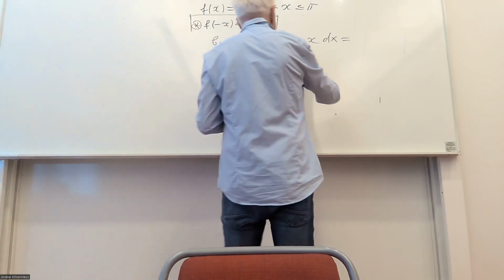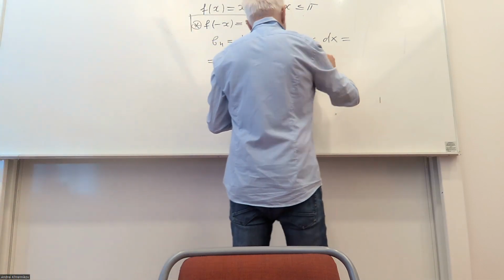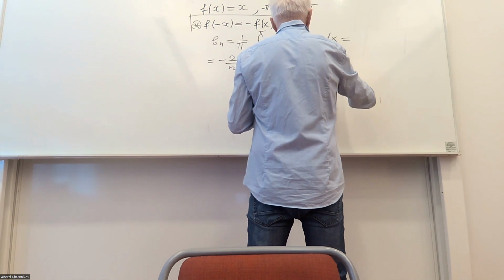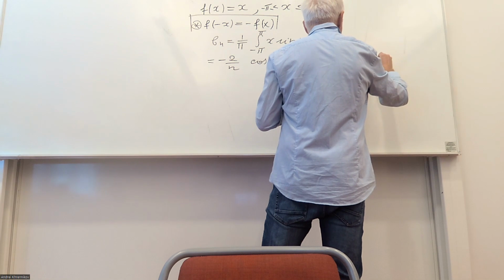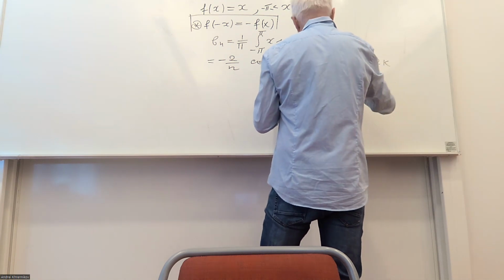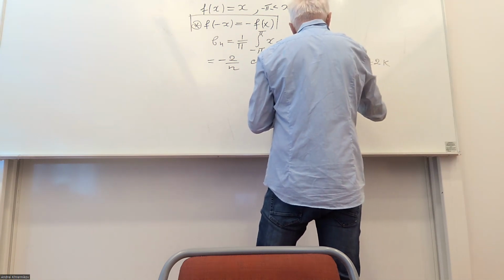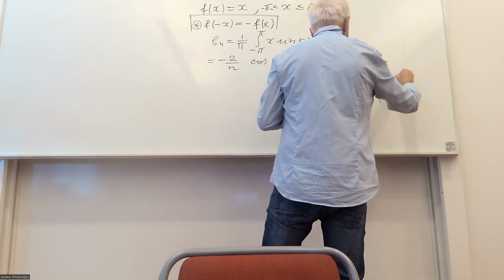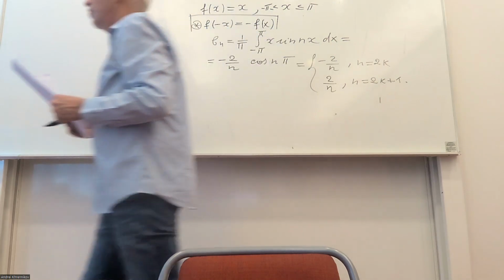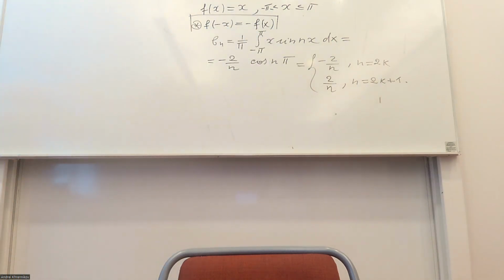So it is equal to minus 2 divided by n for n equal to 2k, and with the other sign, 2 divided by n for n equal to 2k plus 1. So this is just the calculation of integrals, nothing more.